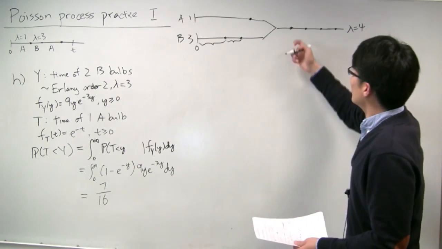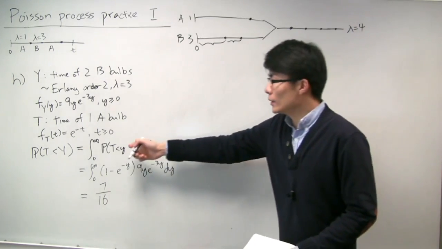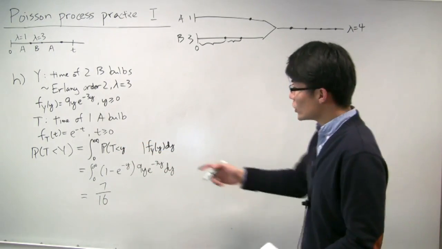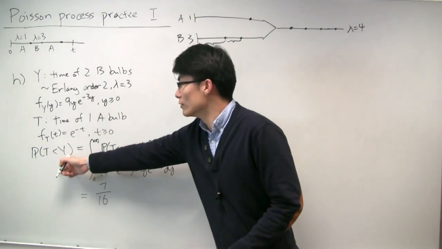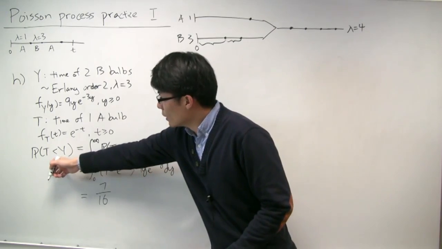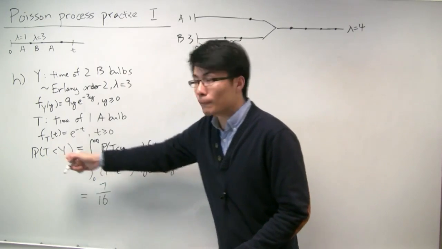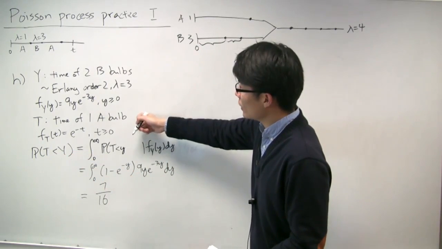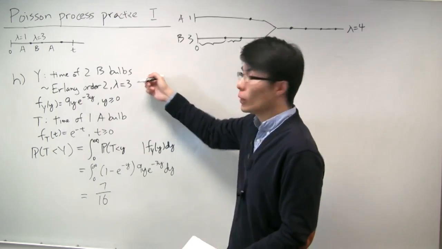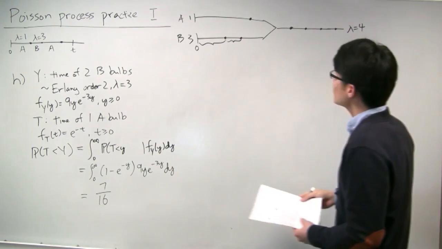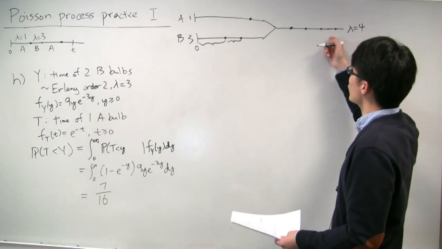And so now, how do we actually come up with an answer for this probability? Let's consider the complement of this event. So let's consider t being greater than y, which means that the single A bulb lasts longer than both B bulbs. Now, how does that occur in the merged process?